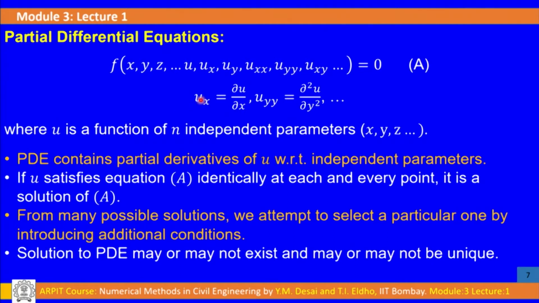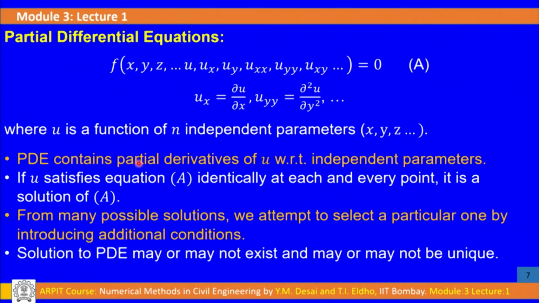When I say u subscript x, that is the partial derivative of u with respect to x. When I talk about u subscript yy, that means the second order partial differentiation of u with respect to y. So the subscript tells us with respect to which independent parameter we are differentiating.